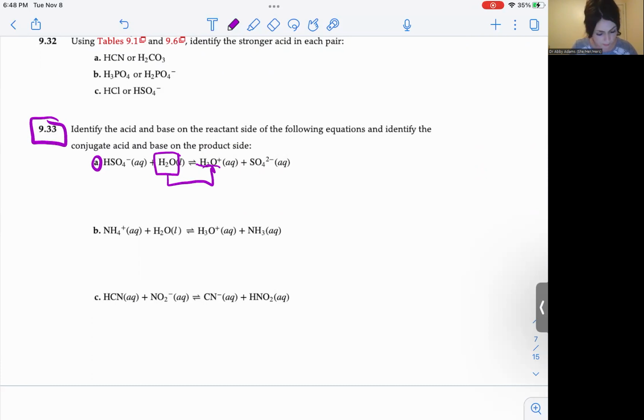It is accepting a proton, so this water must be the base, right? And I'll just abbreviate it this way. And what we have made is going to be the conjugate acid, all right? So the water has picked up that proton and it is now a hydronium ion, and that's the conjugate acid.